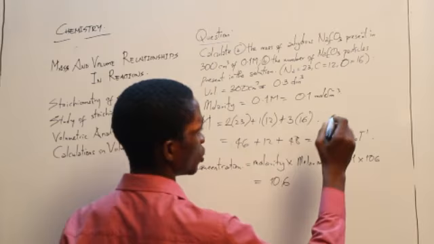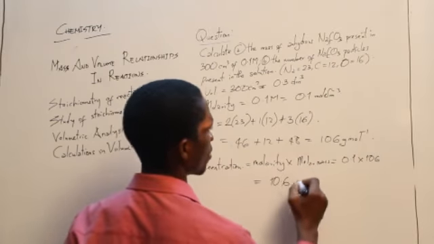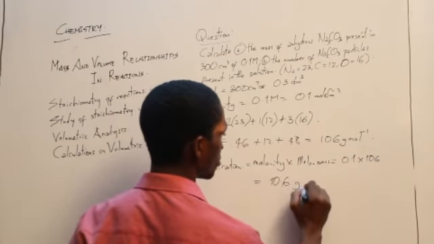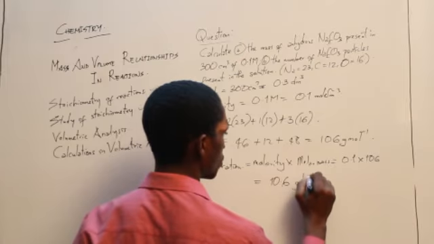Of course, the mole will cancel out, so we'll have gram per dm cube.